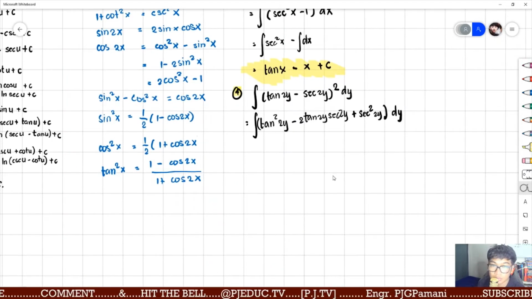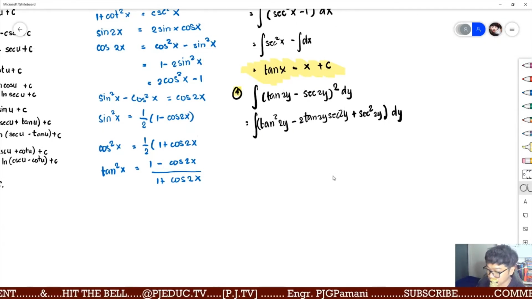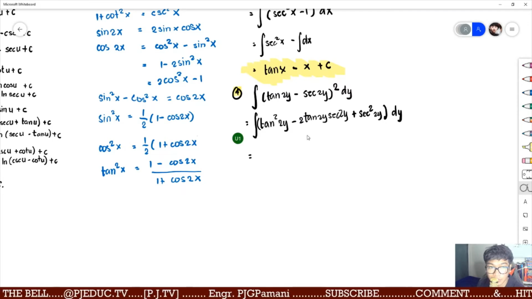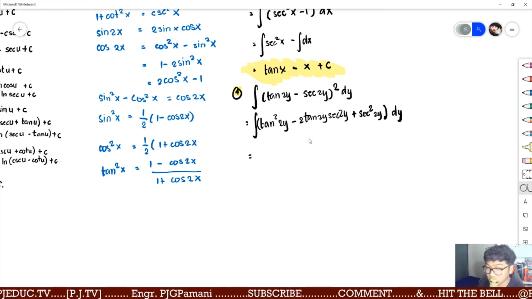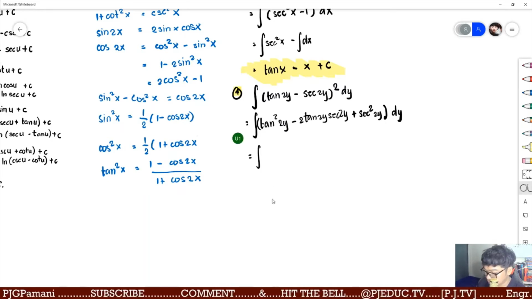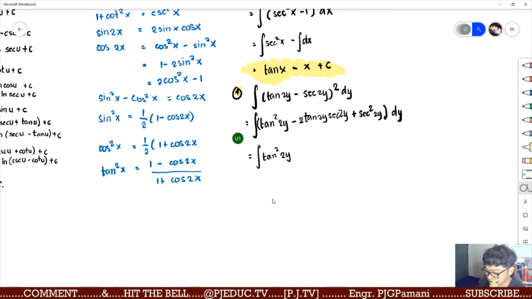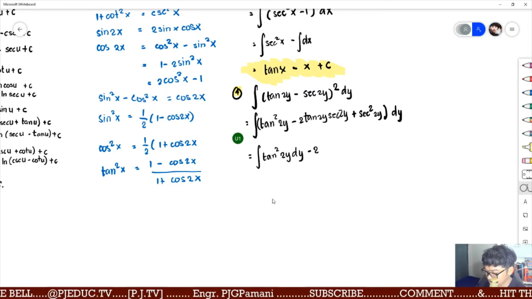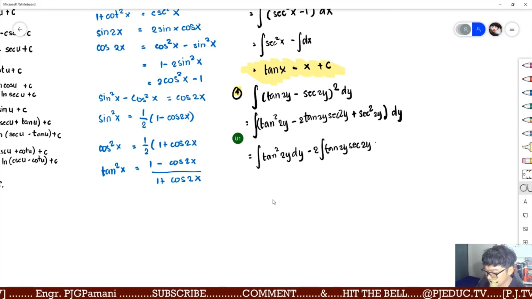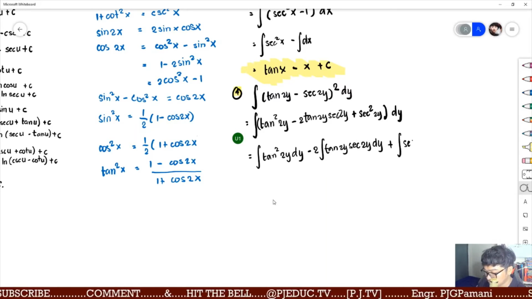Then the very basic thing to do in this part of our solution is to distribute our antiderivative, or integral sign. That is the integral of tangent squared 2y dy minus 2 times the integral of tangent 2y secant 2y dy plus the integral of secant squared 2y dy.